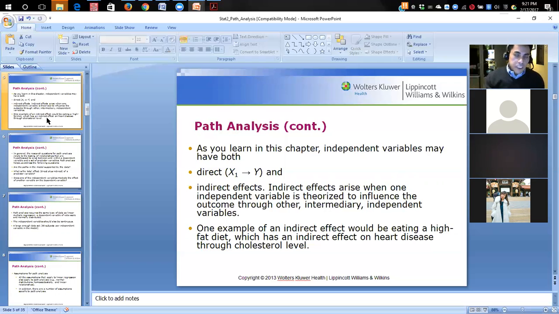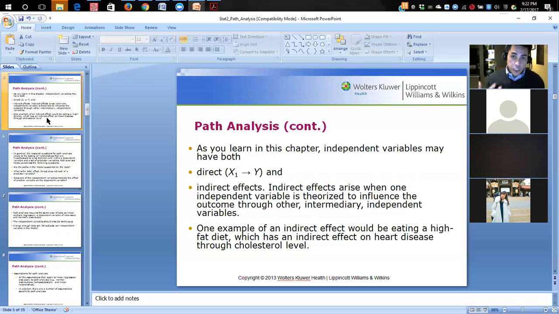It literally answers the total effect of a predictor variable, which means predictor is independent variable. So why do we say it's a total effect? Well, because it calculates both the direct and the indirect effects of the independent variable. So that is the most important question being answered by path analysis.